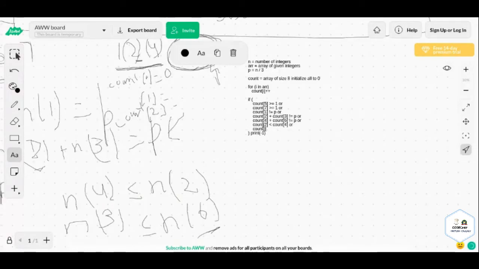And the last condition is that count of 3 is greater than count of 6. So these were all the conditions that will say that the answer doesn't exist. Okay, and we will return here.